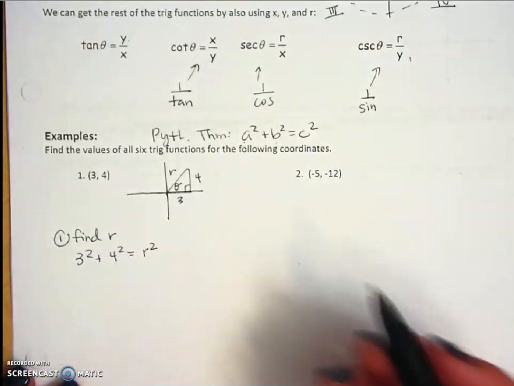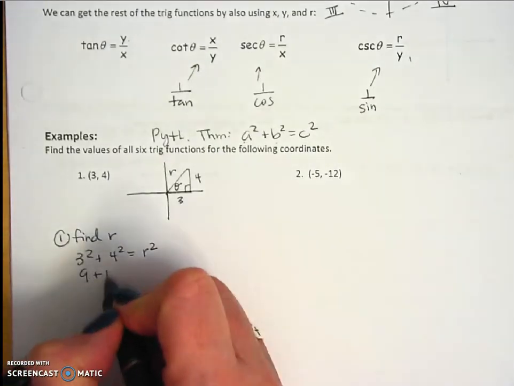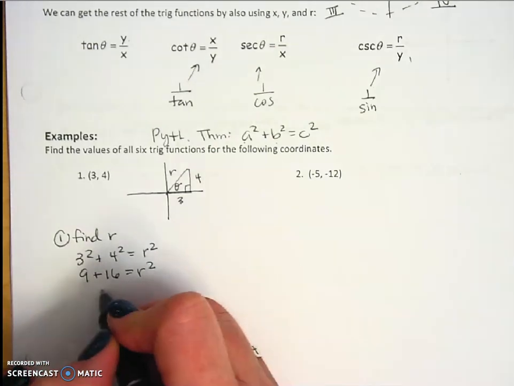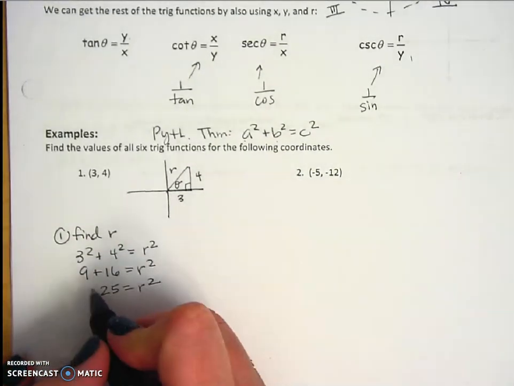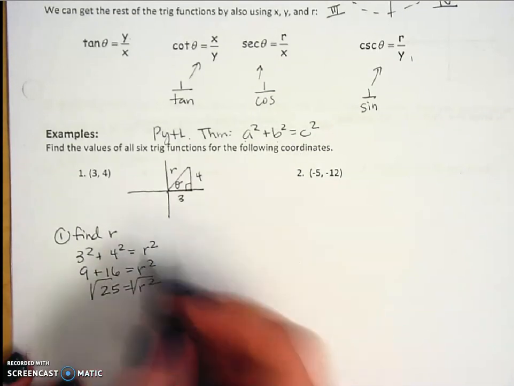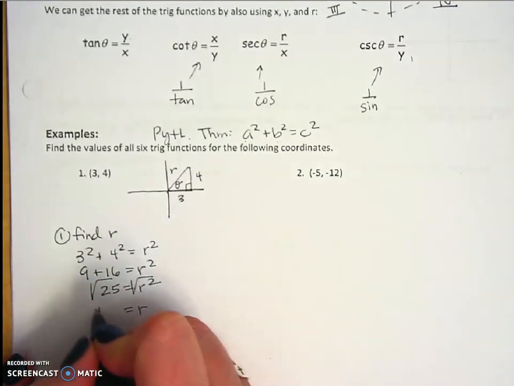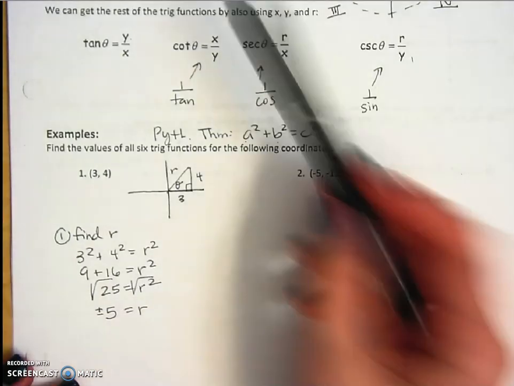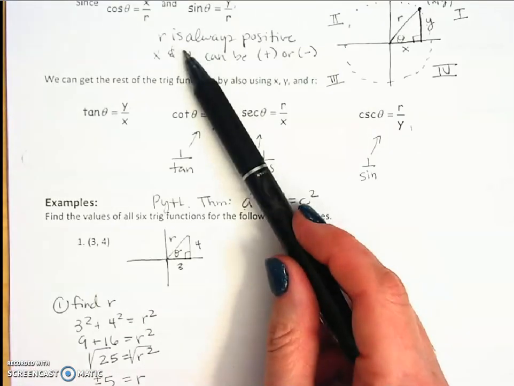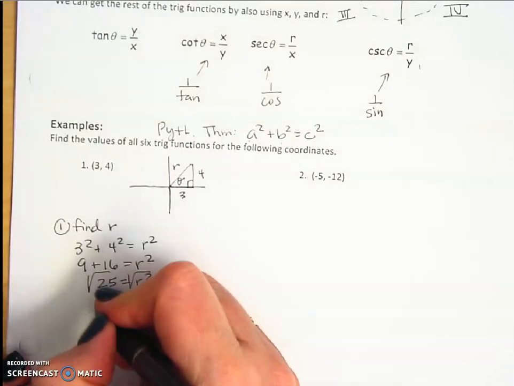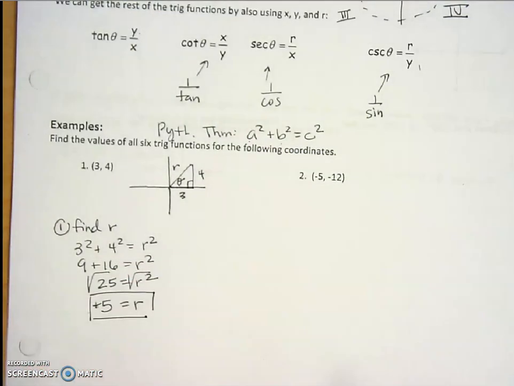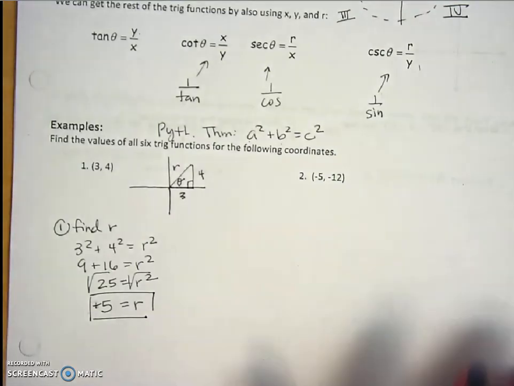This gives me 9 plus 16 equals r squared. 25 equals r squared. Now from here we need to square root both sides, which technically means that r is equal to plus or minus 5. But remember that we said up here that r is going to always be positive. So in this situation, I need the positive version only. So now that I have r, I can do all 6 of my trig ratios.